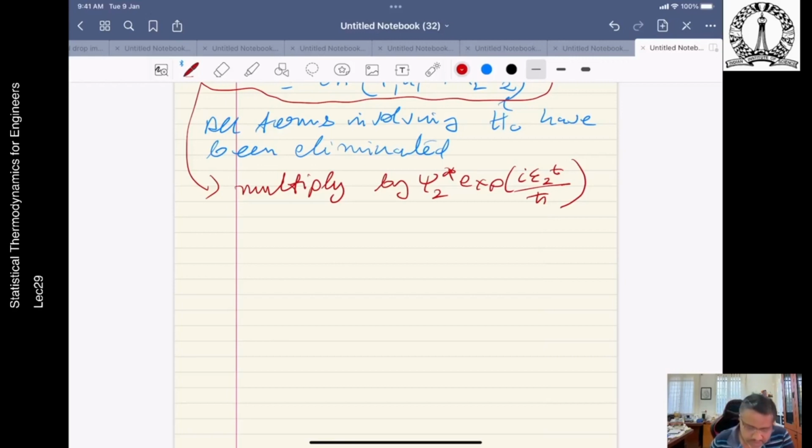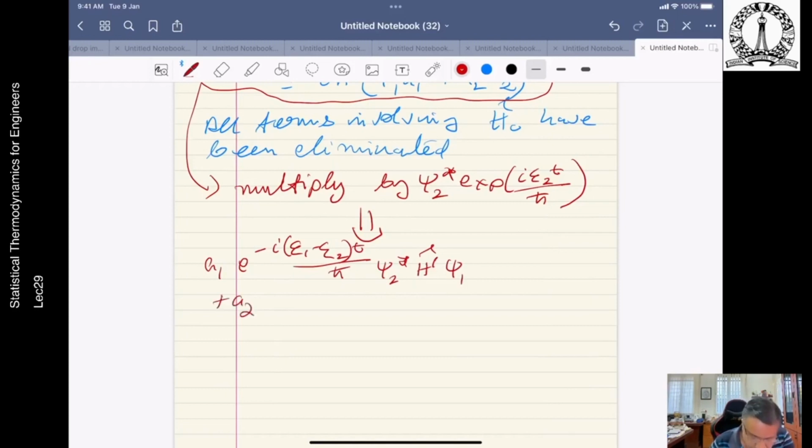So this gives a1 e to the minus i E2 t by h bar chi2 star chi1 plus a2 chi2 star chi2. Once again these are the Schrodinger wave function portions.